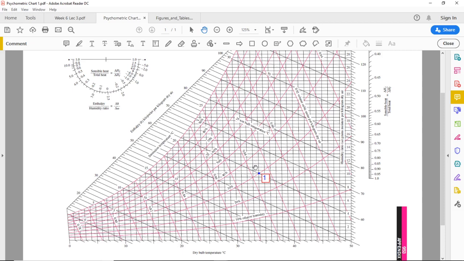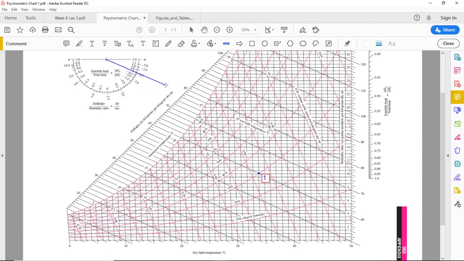Now to draw the process line I need to know the slope of the process line from state 1, and that is obtained from the protector. What I will do, I will go to the protector. This is the origin of the protector, the cross that you can see at the middle, and from there I will go to the reading of 0.11 on the outer scale.